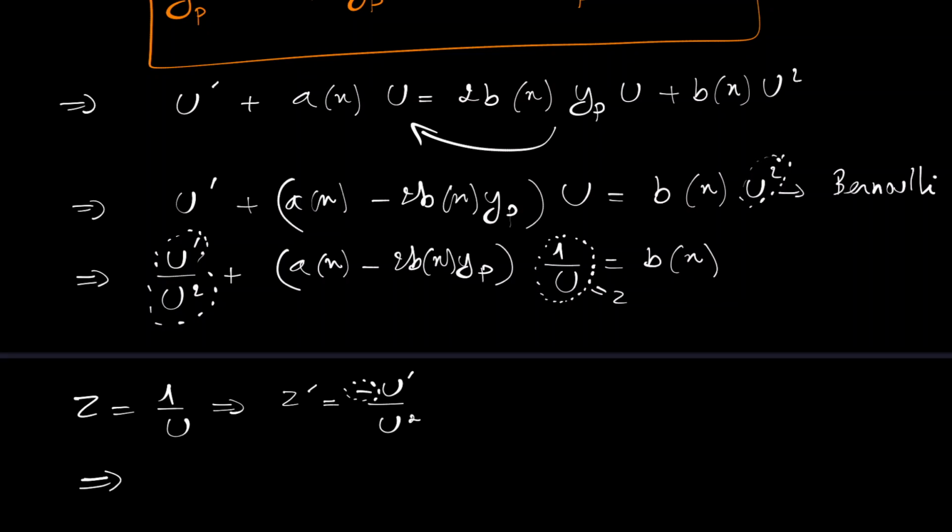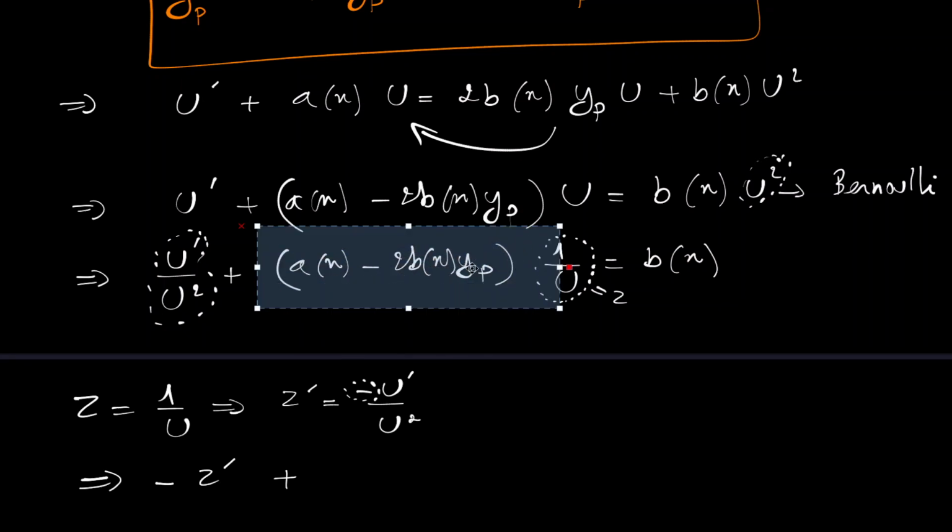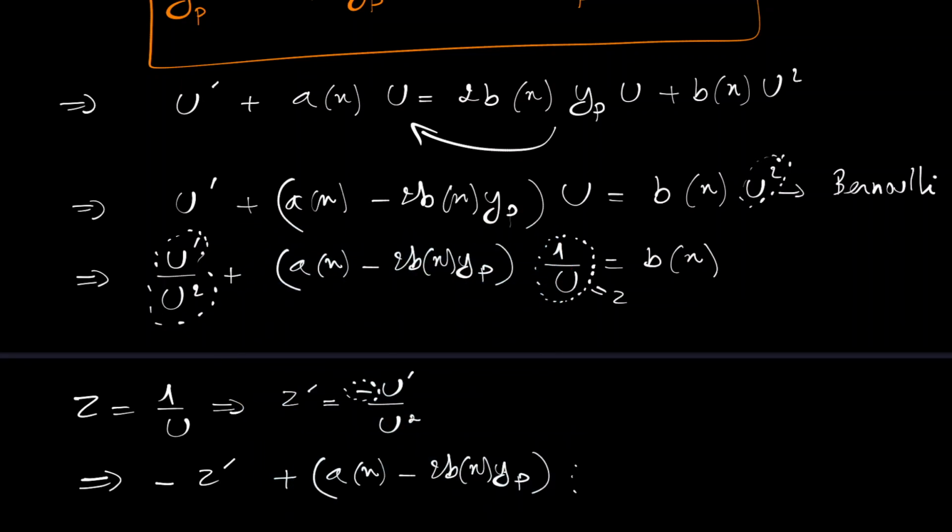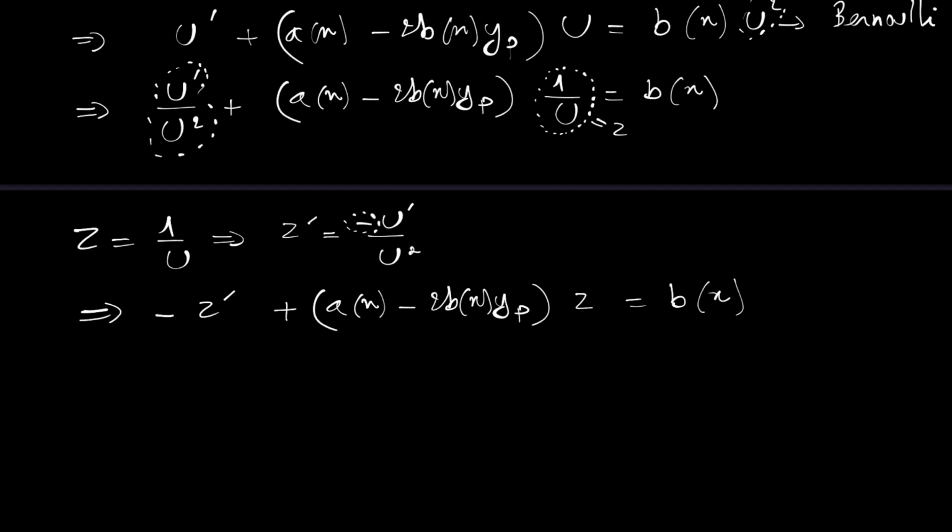Then our equation becomes minus z prime plus this times z equals b of x, which is a linear equation.